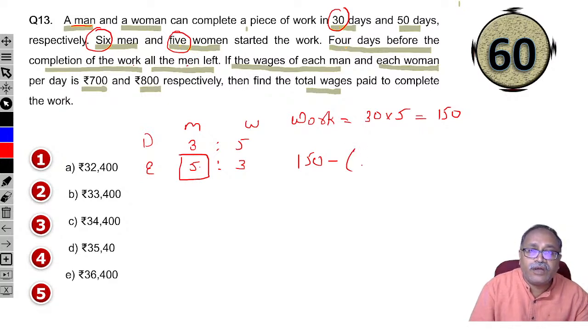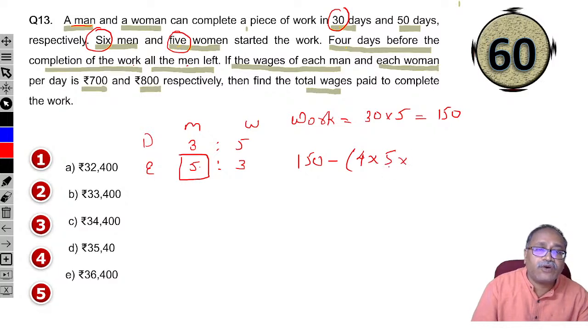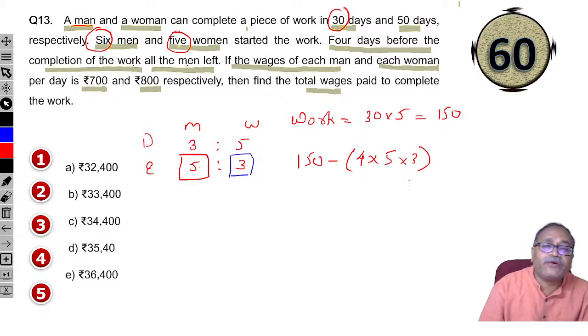So they worked for 4 days. Work done by women. How many women are there, Aman? 5 women are there. What is the efficiency of per woman? The efficiency of per woman is 3. So into 3. If I take out this work, then I will get the work which was done by 6 men and 5 women.